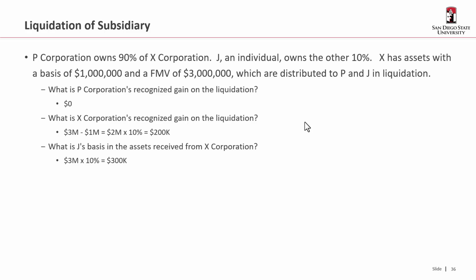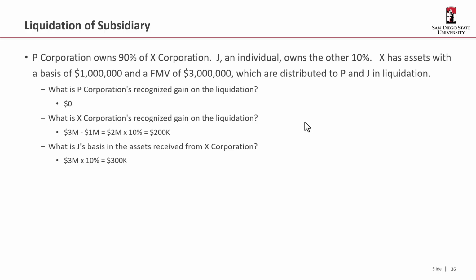What is X Corp's recognized gain on the liquidation? Well, X Corp has a basis, right? Actually, it doesn't say. Oh, X Corp is the target. Sorry. X Corp's recognized gain on the liquidation.